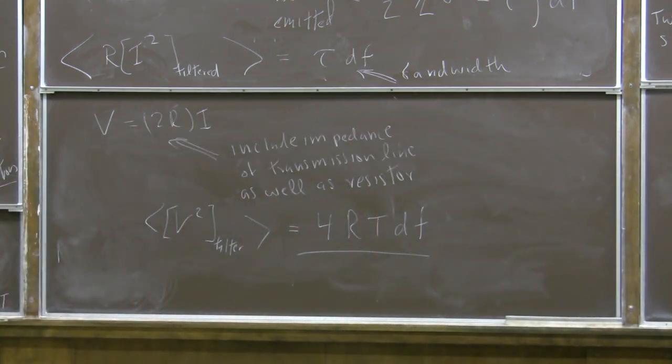And the other R is just whatever, like external impedance you put in with the voltmeter.